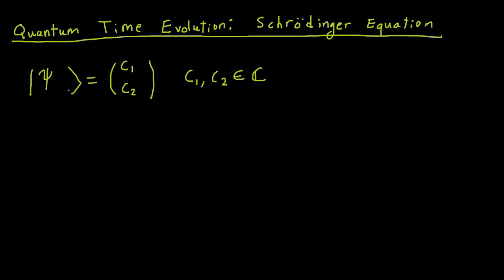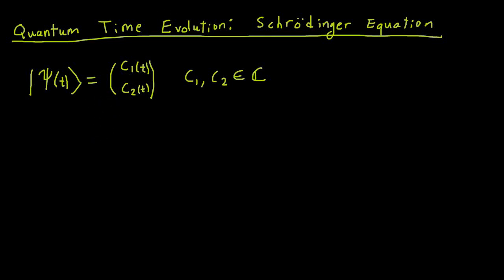Okay, so now we want to talk about how these spin states evolve in time. So now the spin state is going to be a function of time. And each of the complex numbers that comprise it are both functions of time.